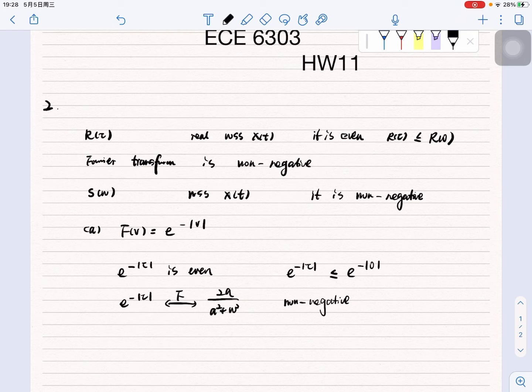Then it can represent an autocorrelation function.